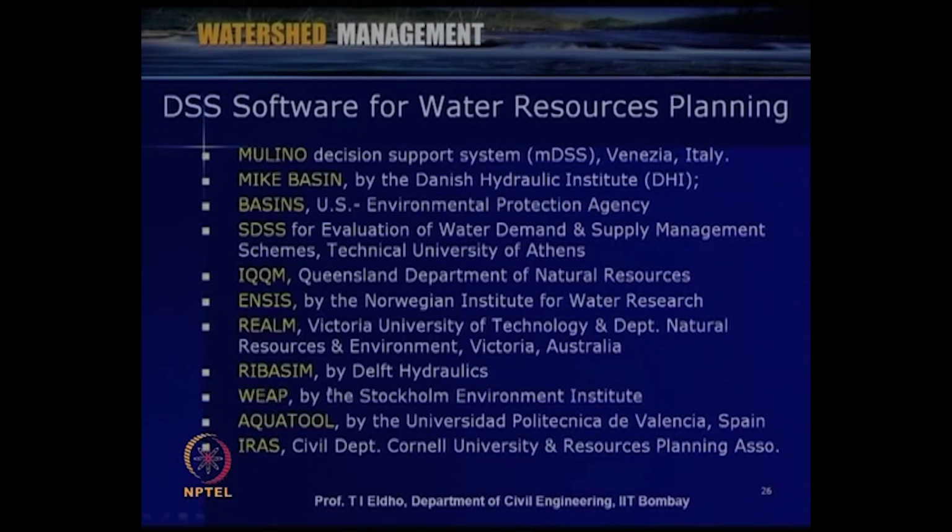Some of the important ones I have listed here: the Mulino decision support system from Italy, Mike Basin from DHI, BASINS from US EPA, SDSS from the Technical University of Athens, IQQM from the Queensland Department of Natural Resources, the Norwegian Institute of Water Research, RILM from Australia, RIBASIM by Delft Hydraulics, WAP by the Stockholm Environment Institute, AquaTool, IRAS.